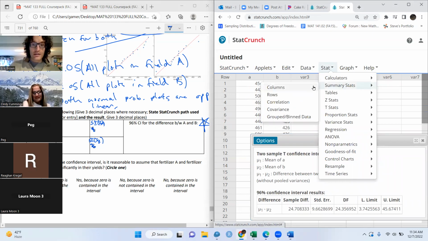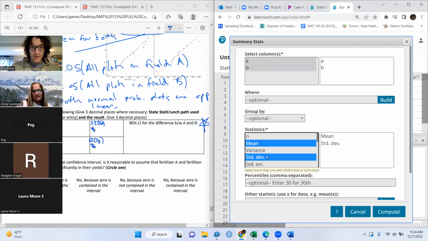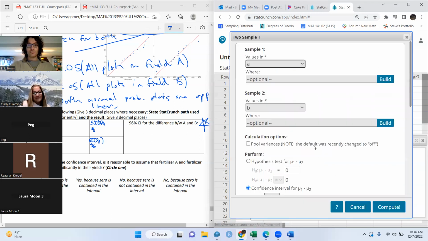So summary stats, columns. I'm going to select column A and column B. If we wanted the sample standard deviation, we could get it by selecting mean and standard deviation. Do you remember this from chapter 3 when you all thought stats was hard? When I did this in the T-stat two sample, I did the select all at the bottom and it gave me the mean.